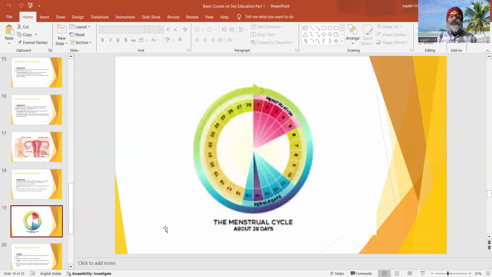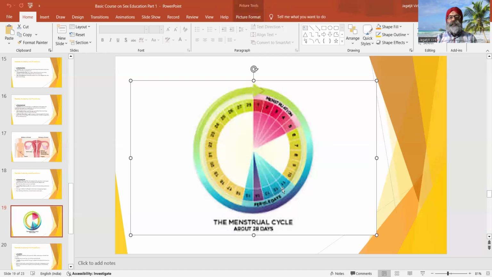This is the pictorial view. This is the first 5 days menstruation occurs. Then this period is the ovulation, because in these days there may be fertilization, and there are greater chances of pregnancy to occur. 11, 12, 13, 14, and 15.